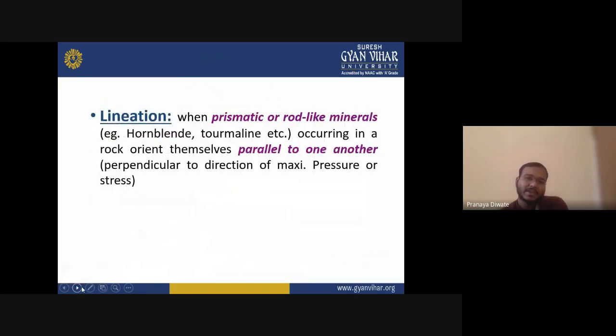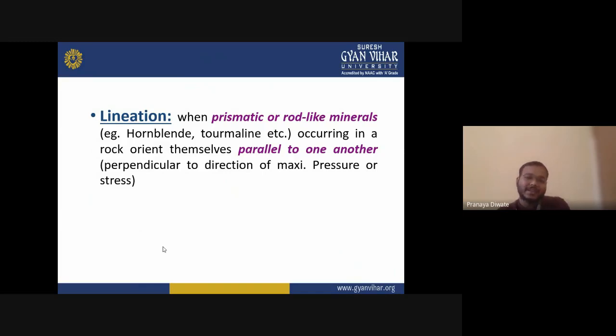Then you have a lineation. When prismatic or rod-like minerals, such as hornblende, tourmaline, etc., occur in a rock, they orient themselves parallel to one another.